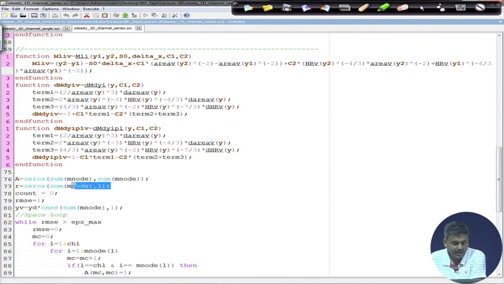Again some M node into some M node here, or 0 some M node.